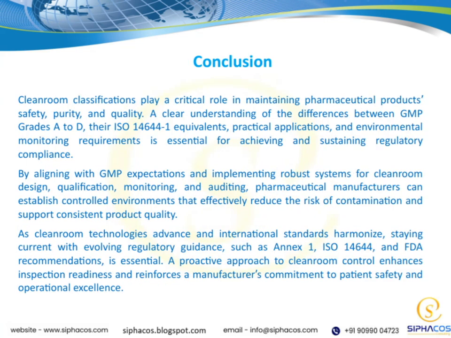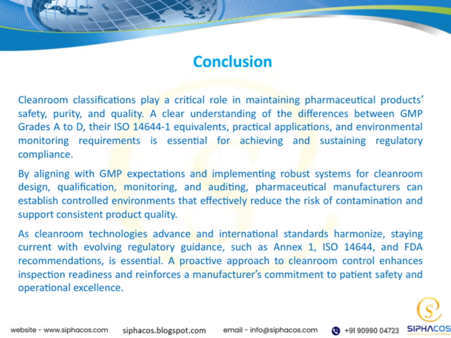Cleanroom classifications are absolutely vital in ensuring that pharmaceutical products remain safe, pure, and of the highest quality. It's important to understand the differences between GMP grades A through D and how they correspond to ISO 14644 standards. This knowledge helps us determine the appropriate environment for each stage of production, depending on the level of cleanliness required.